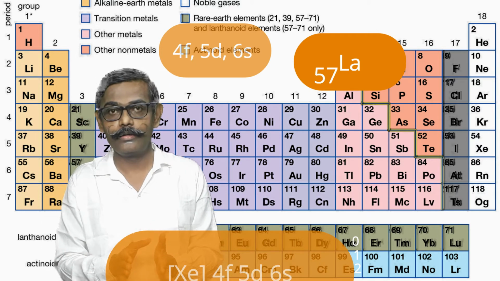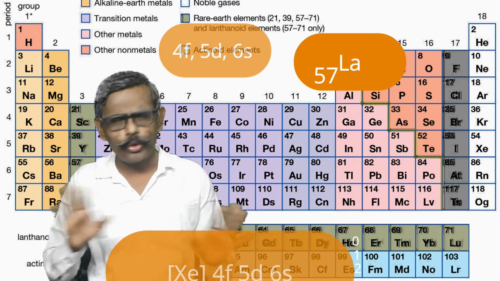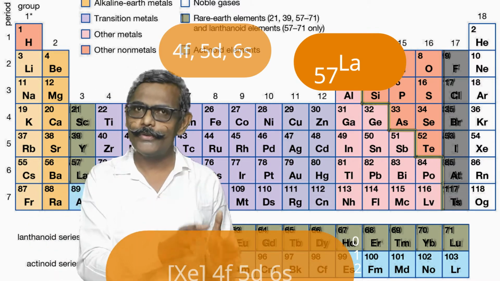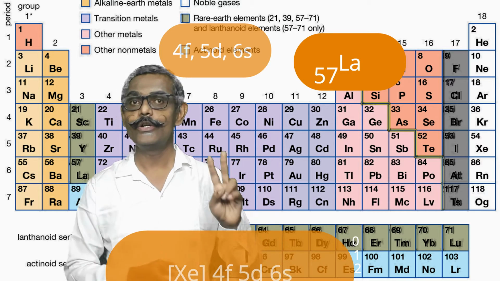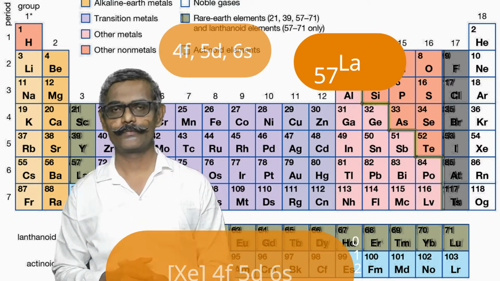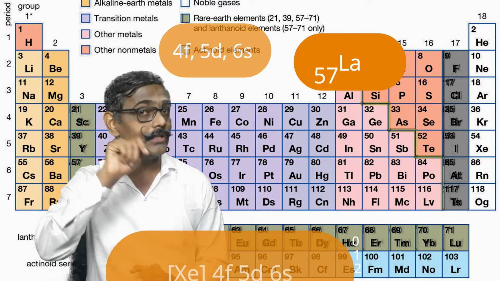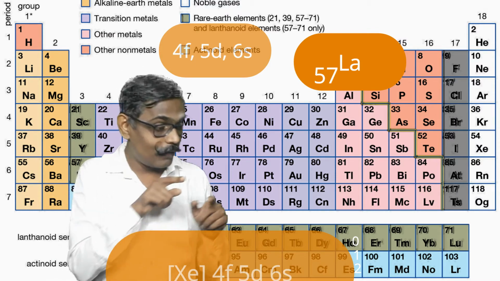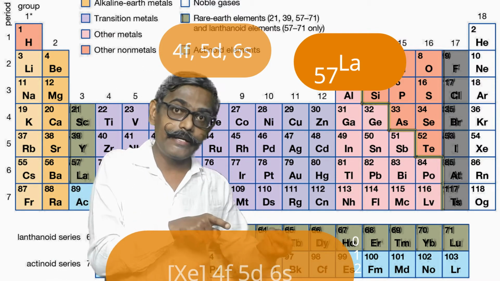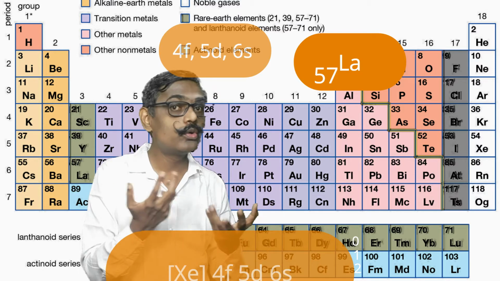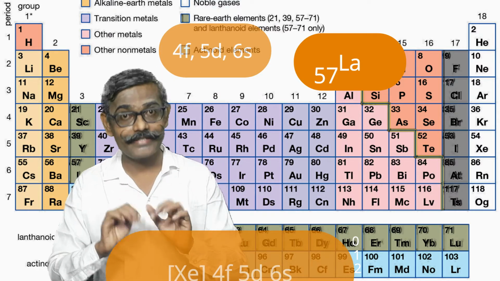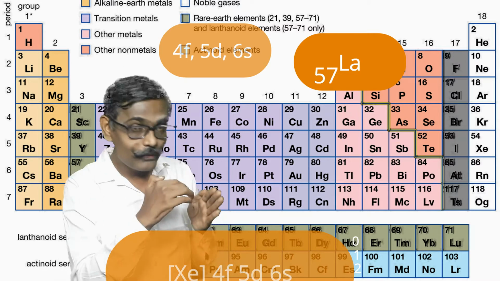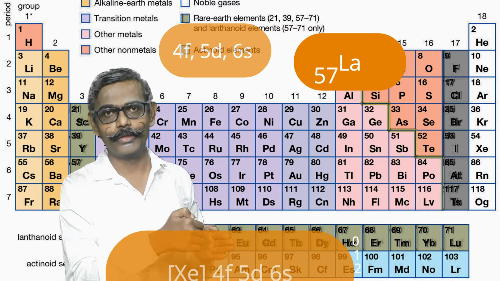Xenon, 4f with no electrons, 5d with 1 electron, and 6s with 2 electrons. Now the question you will have is, among 5d and 6s, whose energy is lower? Surprisingly, the 5d orbital energy is lower.